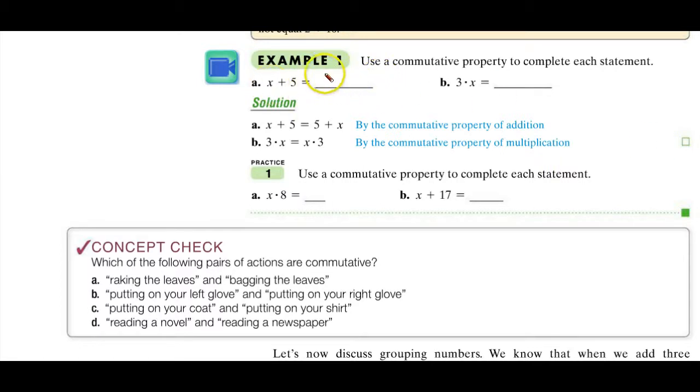So here it's going to be 5 plus x. You're just reversing the order. This will be x times 3. And here it's going to be 8 times x, so just plain 8x, and 17 plus x.